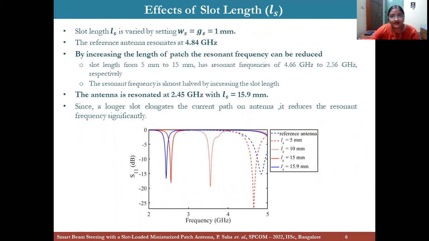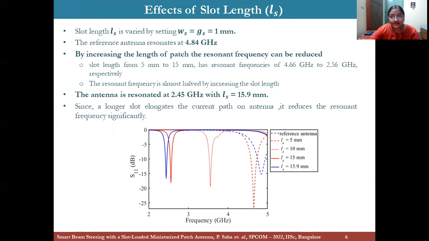Here, the effects of slot length are shown. The slot length Ls is varied by keeping the other dimensions of the antenna constant. Without the slot, the reference antenna is resonating at 4.84 GHz. By using the slot, the antenna is resonating at a lower frequency.